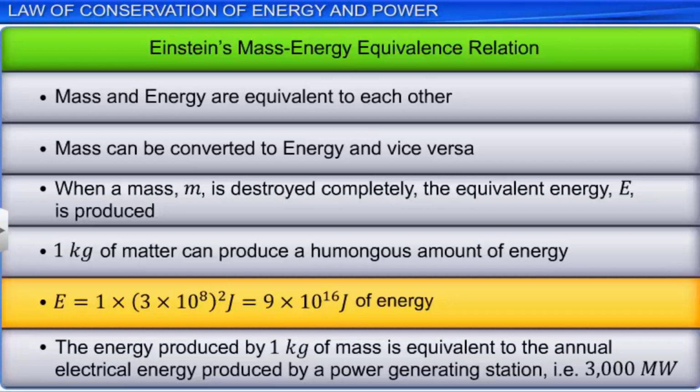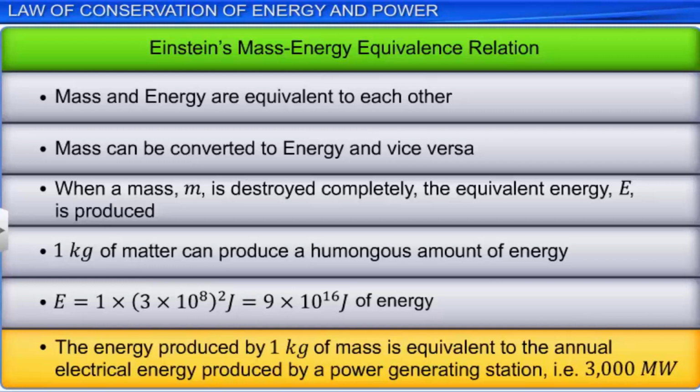The energy produced by 1 kilogram of mass is equivalent to the annual electrical energy produced by a power generating station, that is 3000 megawatts.